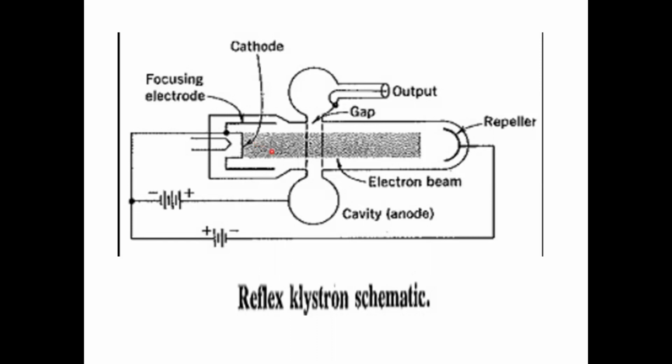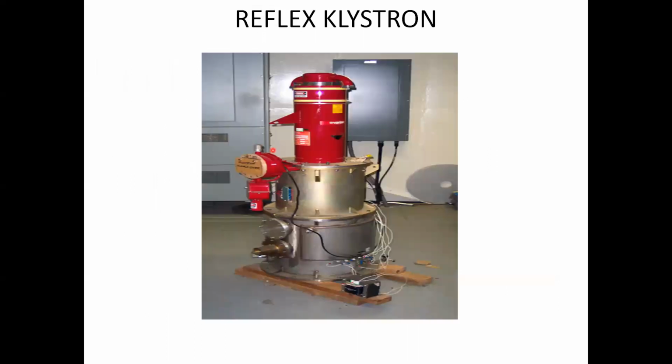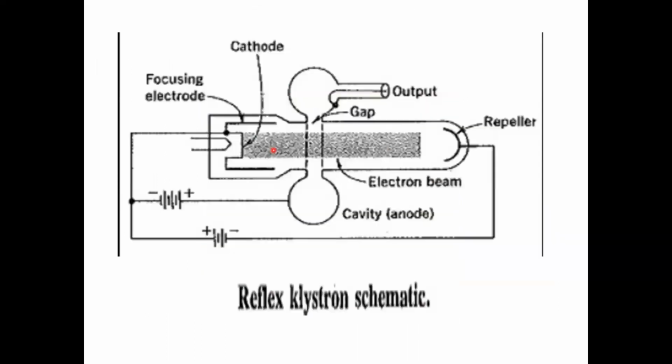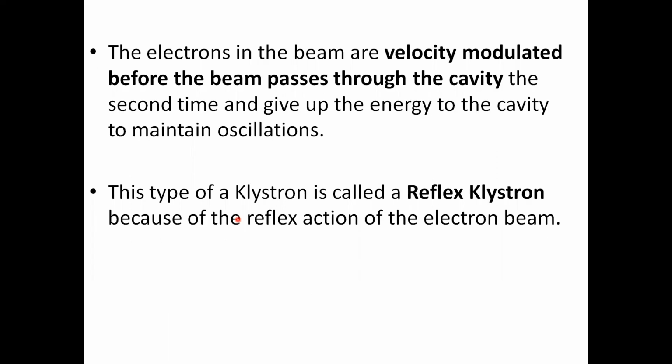The operation of the reflex klystron is simple: when an amplifier is given a feedback connection, it automatically acts as an oscillator. Sometimes the reflex klystron oscillator is simply a cavity structure that reverses the electron beam. So why does this reflex klystron have its name?